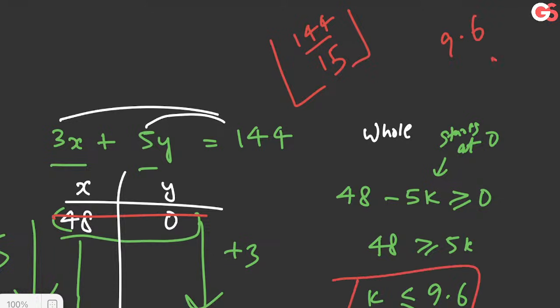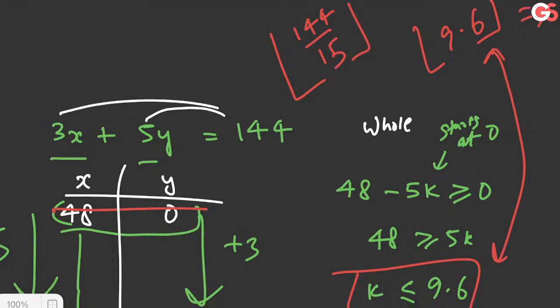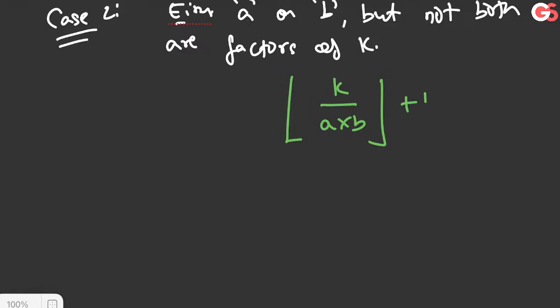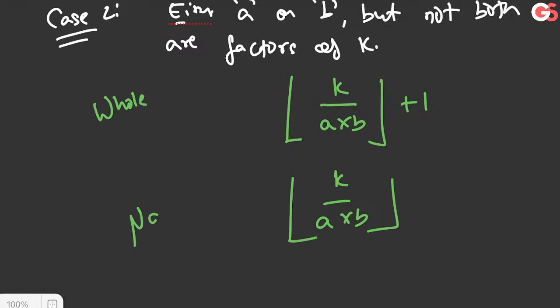How beautiful is this analogy? Such a beautiful thing in mathematics that you probably hadn't noticed earlier. So this is 9, isn't it? But that doesn't give you the solution. You need to add 1 to it, right? You need to add 1 here in case of whole solutions, and you don't need to add anything in case of natural solutions. Does that make sense?